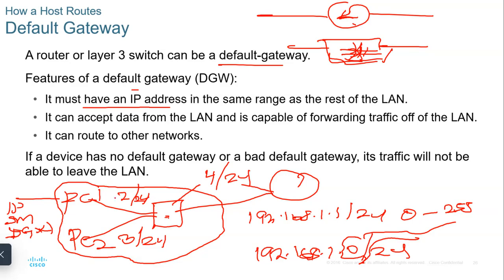So we have to maintain, wherever we want to assign the default gateway IP address on this network, we have to use this. This is the exit, and at the same time it can be the entrance for any traffic that is trying to enter this LAN or exit. So here the default gateway will be this IP address.